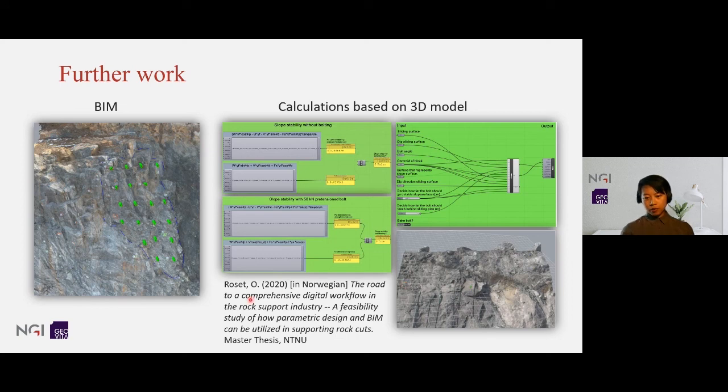Here are some extracts from master students that we supervised this year. His name is Olaf Rose at NTNU in Norway. He managed to write scripts that can define a block using joint planes, then extract the geometry, and then calculate the stability of the block without bolting, and how a 50 kilonewton pretension bolt can help stabilize it.